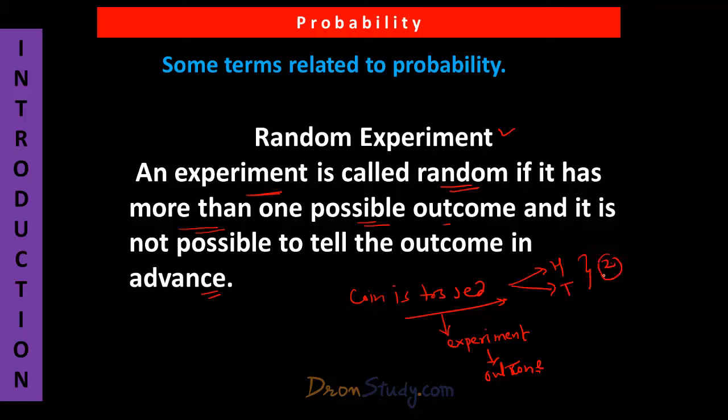So it has two possible outcomes. These possible outcomes are more than one, and so we can call it a random experiment, and it is not possible to tell the outcome in advance. We cannot predict whether it will be tail or head, so we cannot tell it in advance. So such experiments are called random experiments.